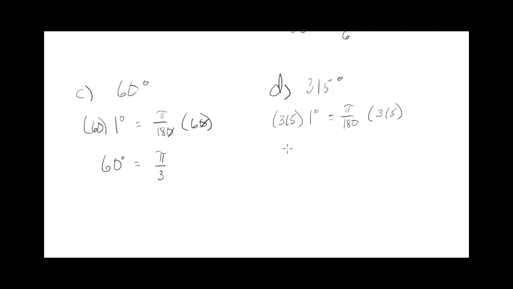So on the left side, you're going to have 315 degrees equals pi over 180 times 315. Again, there are some common factors here, and you just have to reduce. This reduces to 7 over 4, but there's still a pi there. So 315 degrees is equal to 7 pi divided by 4.